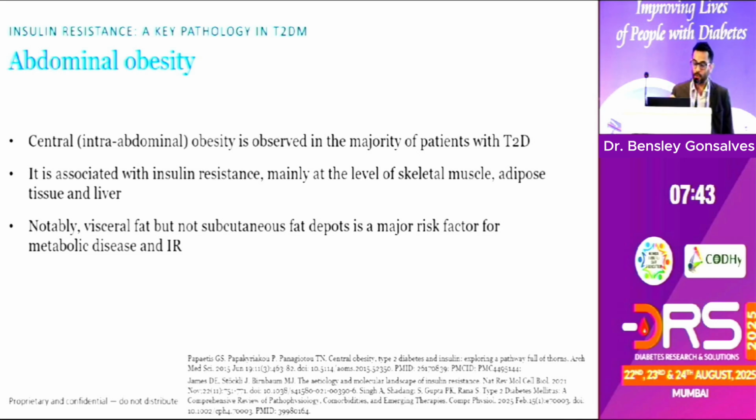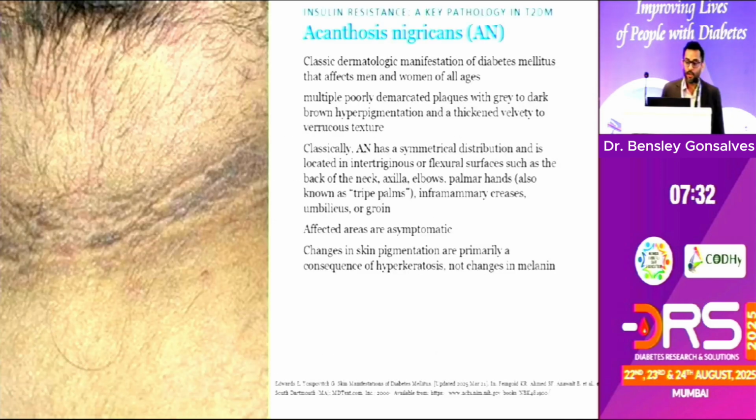The signs and symptoms we commonly see: abdominal obesity, mostly because of visceral fat, associated with increased insulin resistance in the skeletal muscles and adipose tissue. Acanthosis nigricans is very classical. These are velvety patches present on the flexor folds of the skin, classically seen in insulin resistance, and can affect any age, men or women.